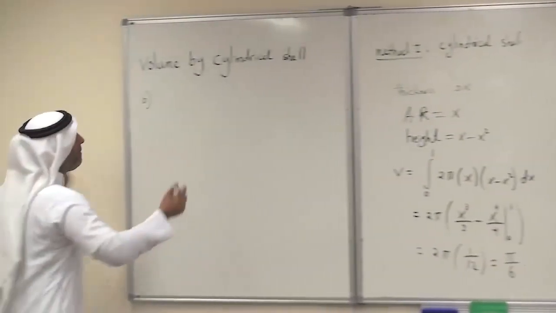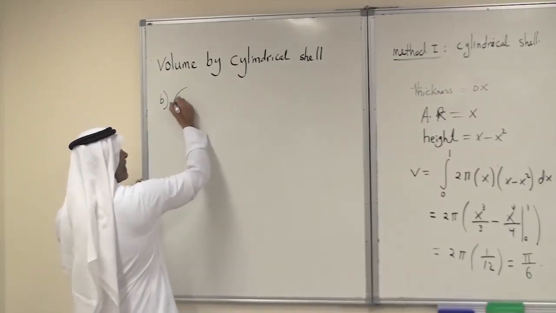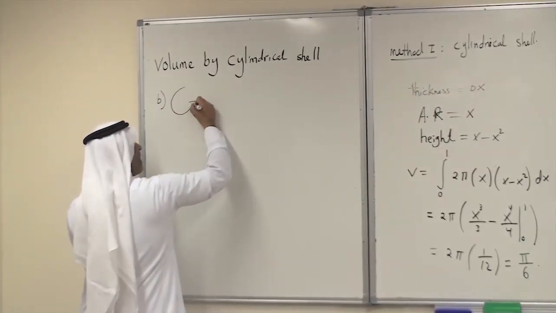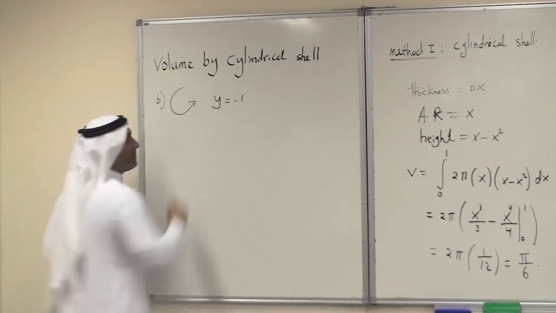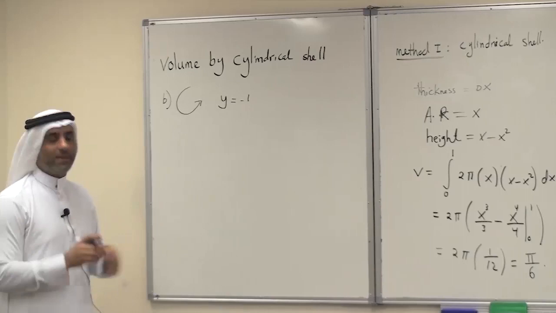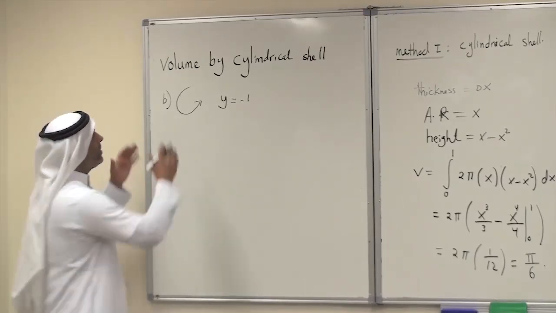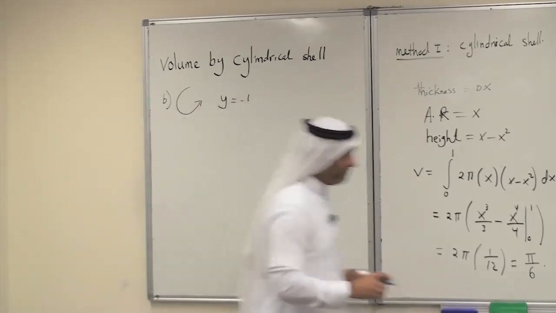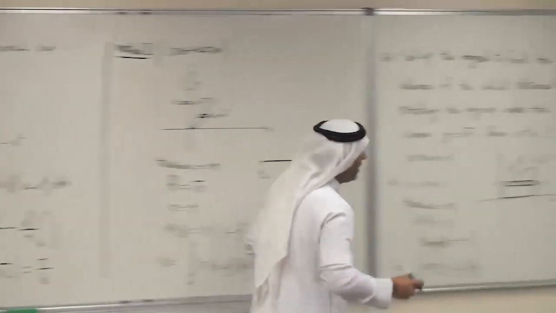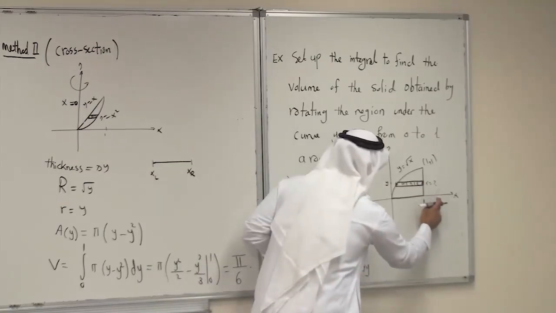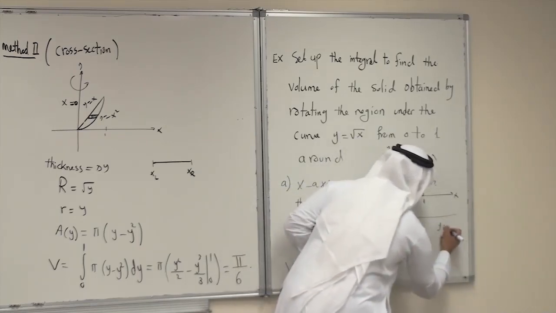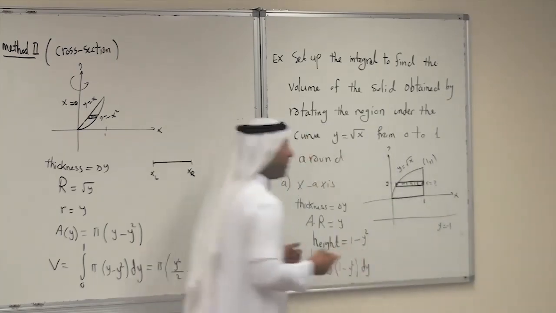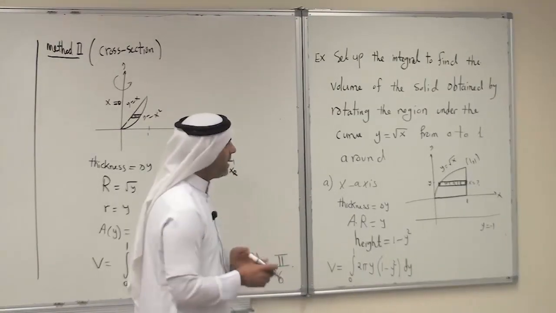Let us say, for example, I am rotating the same region around y equal to minus 1. What will happen in this case? Going back to the shape we have, it means we are changing the axis of revolution to be somewhere here. This is y equal to minus 1, a straight horizontal line.